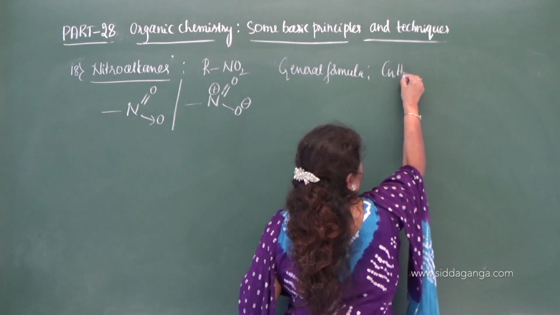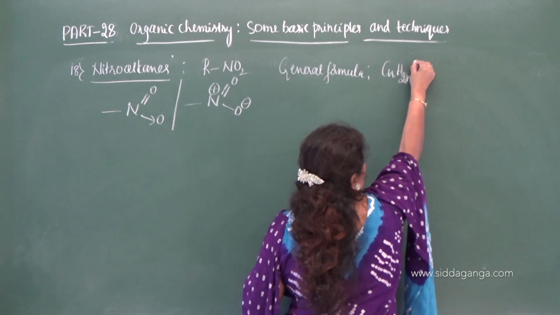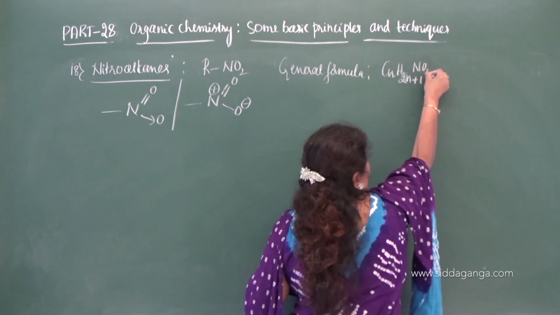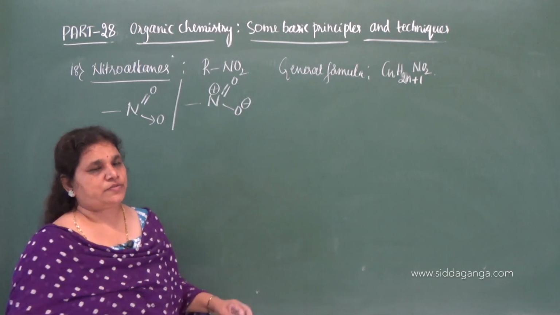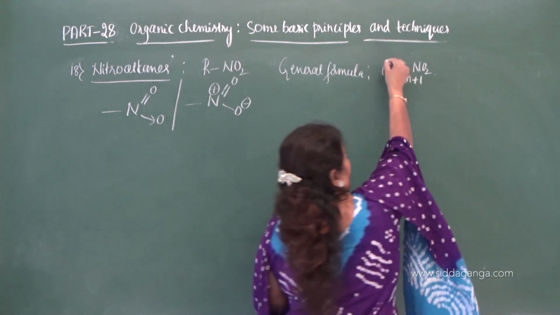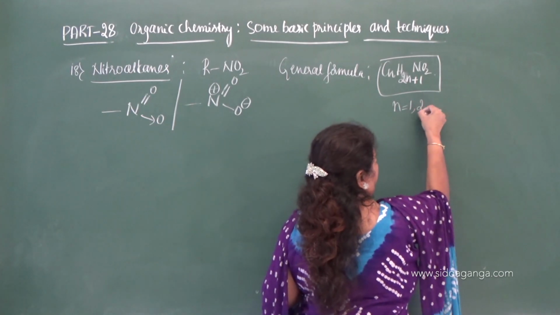Nitro group is this and the general formula is CnH2n+1 NO2, the general formula of alkyl group plus the group NO2, and the value of n is from 1 to 3.